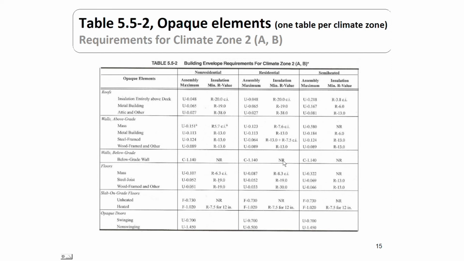When you see a C, like here on the basement walls, that's the conductance of the wall in BTUs per hour per square foot, but it does not include any air film coefficient. Logically, because there's really no air film on the outside of a basement wall. It's simply adjoining the earth at that point.